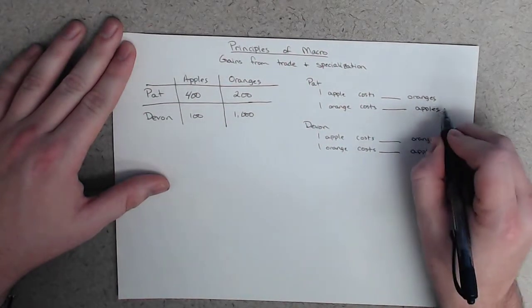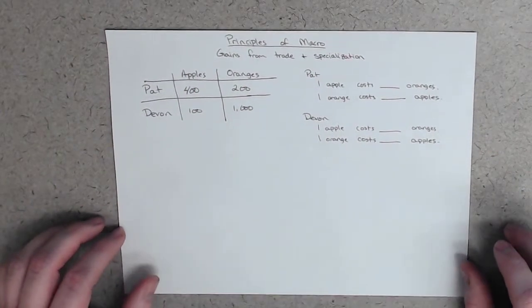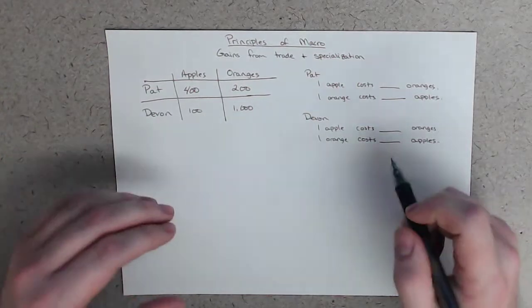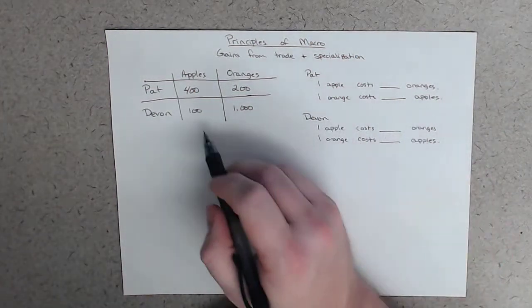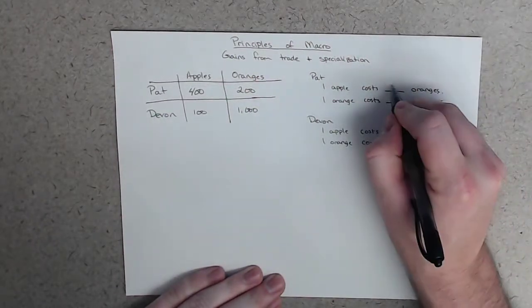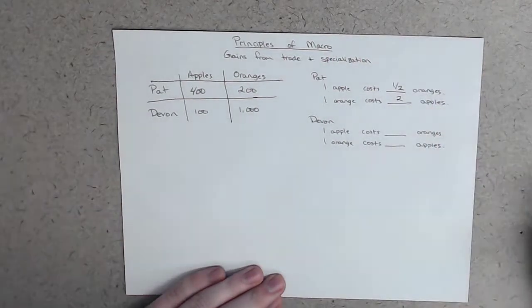Okay, so pause the video here and fill in those numbers, and I'll give you the answer in a few seconds. Okay, so for Pat, one apple, so we have to divide by 400, costs him half an orange, and we can just take the reciprocal and get 2.